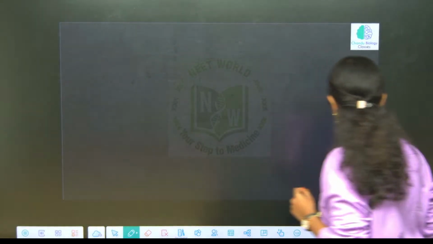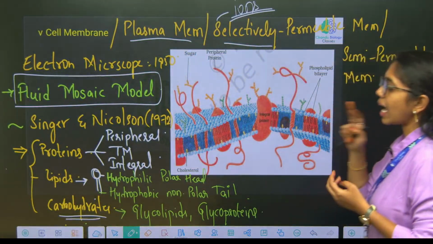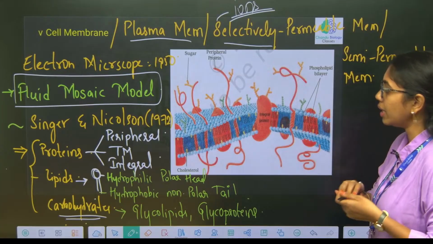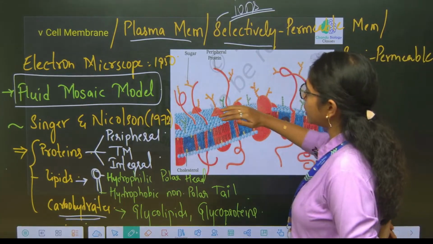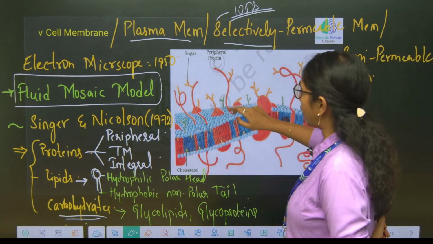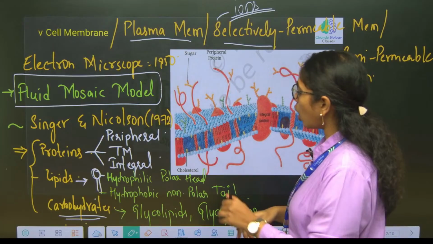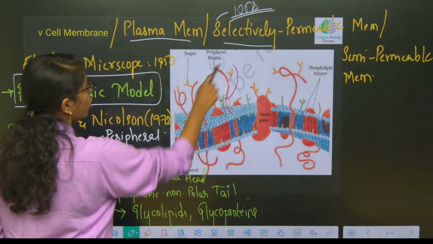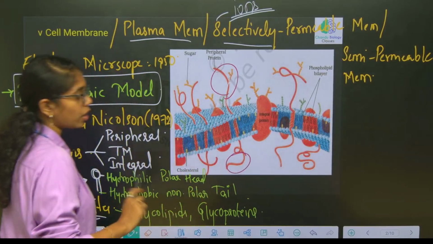Next, from the integral proteins, peripheral proteins and transmembrane proteins, where are they present? Look into the diagram properly. Peripheral proteins are present on either end, towards the upper end or towards the lower end.